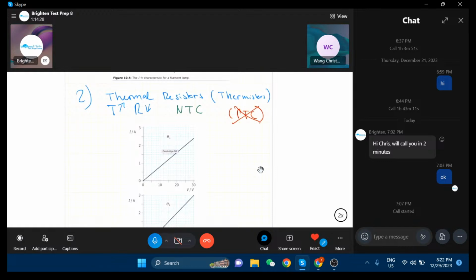So in that context, the thermal resistor helps to decrease the resistance, increase the current, and hence triggers the fuse as the safety device to cut the current supply. That would be one example.